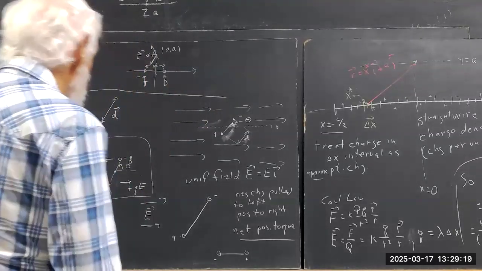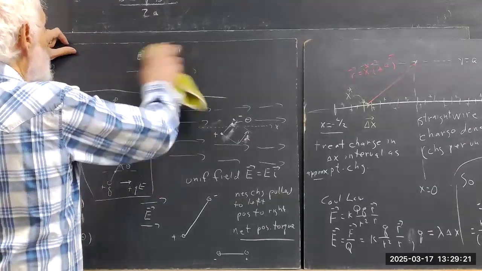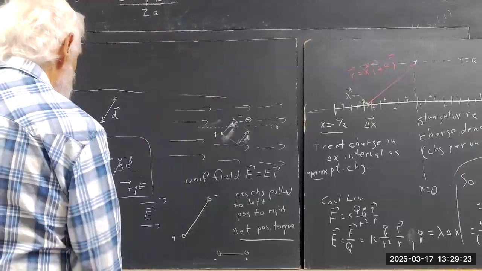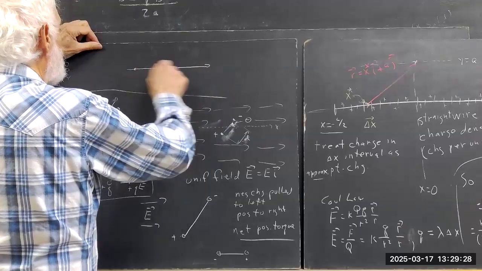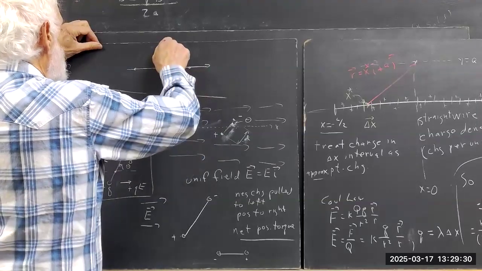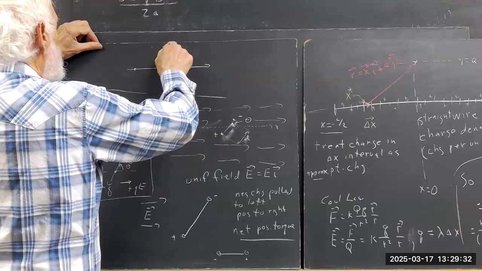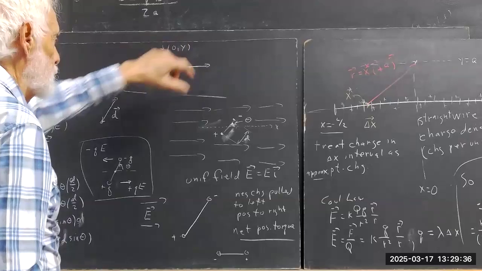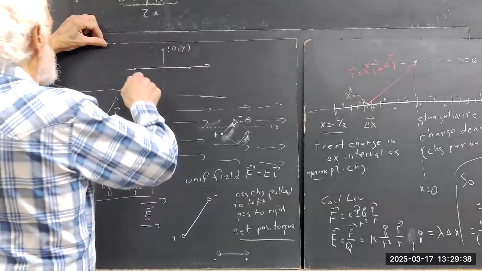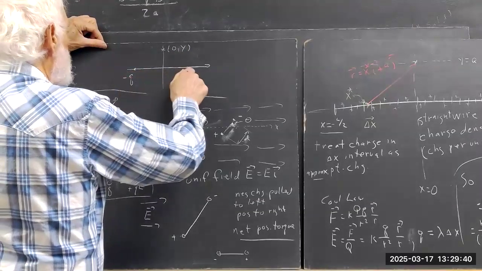Actually, let me write it again. Yeah, I'm going to do it this way. This is okay. Put these a little further apart. Here's a point, let's call it 0y. Here is negative q, here's q.